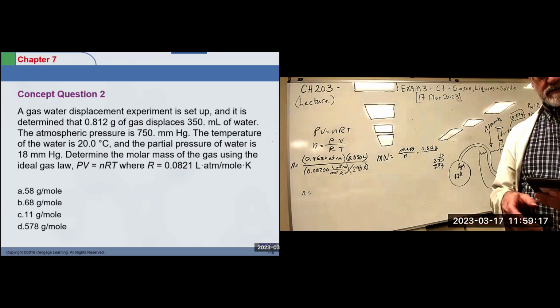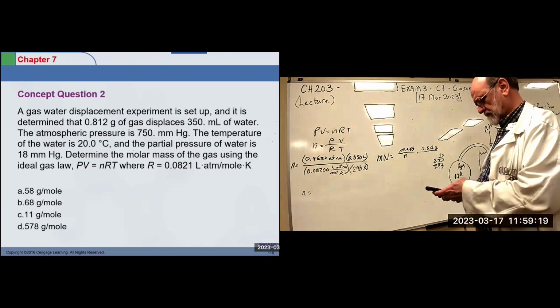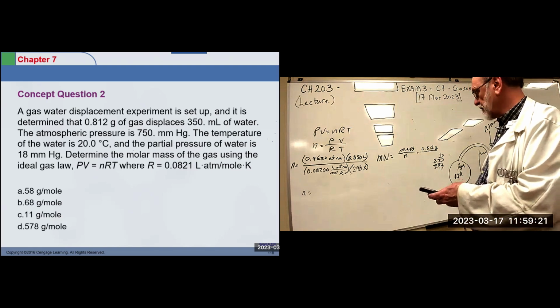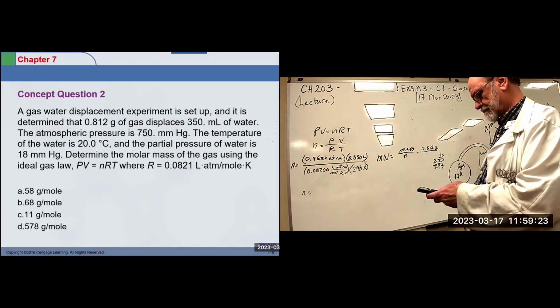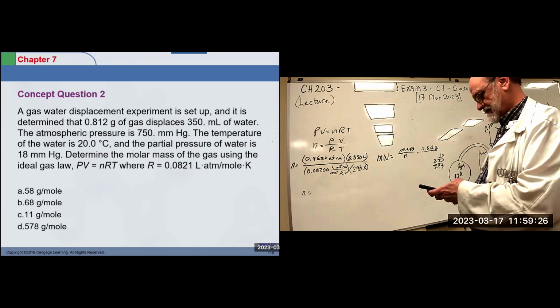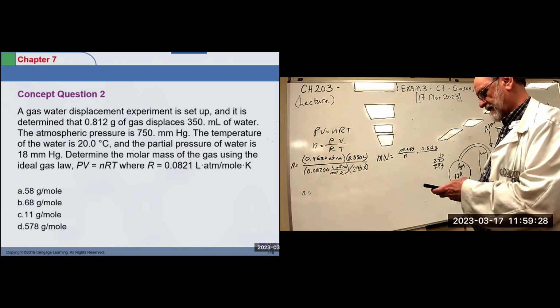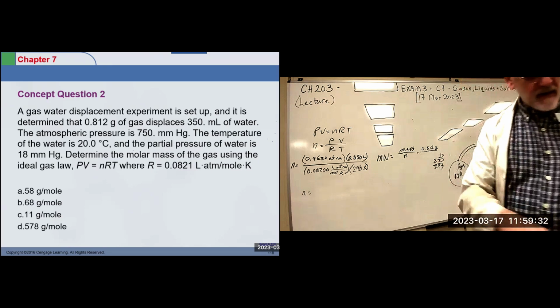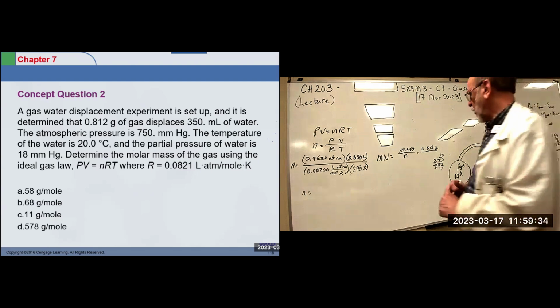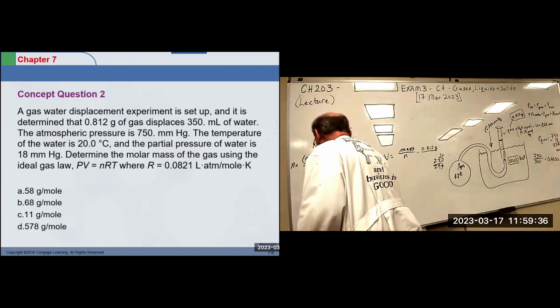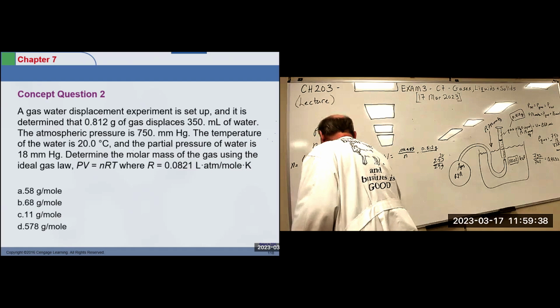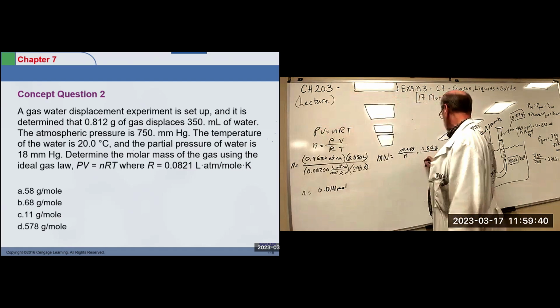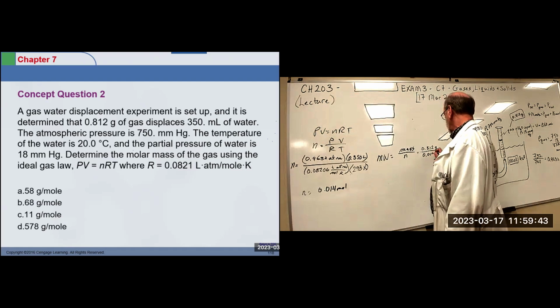So if I did it right, let me do it again. Yeah, okay. 0.014. 0.014 moles. So now we can do the calculation.